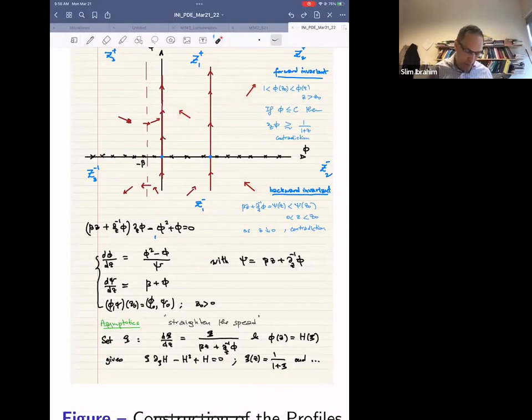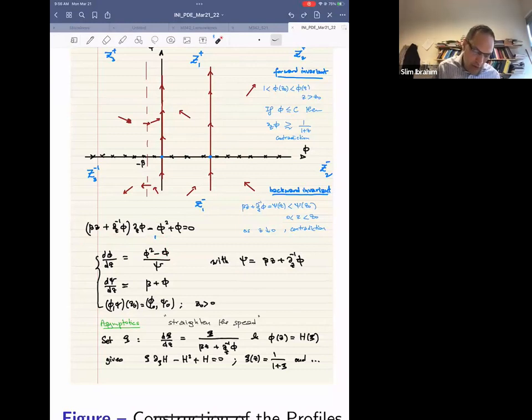And we have two null lines, phi equal to 0 and phi equal to 1. These are these two lines, and the flow here is descending. This psi equal to 0 is not allowed. This speed never vanishes. You can check that if it's 0, then you get an absurdity.